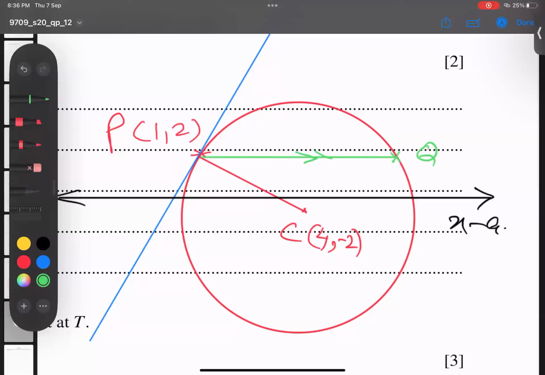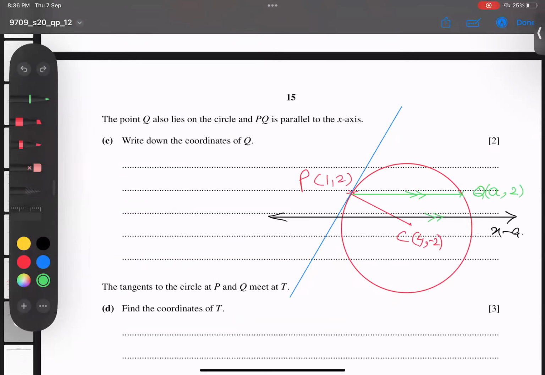Because the PQ line is parallel to the x-axis, so it has the same height. So the y coordinate is 2, and the x coordinate I don't know, so I label it a. Now the point (a, 2) lies on the circle equation, and I can simply replace it.